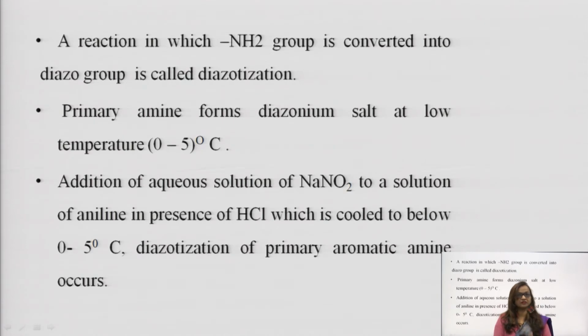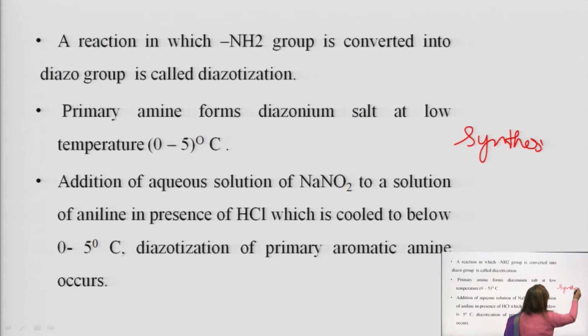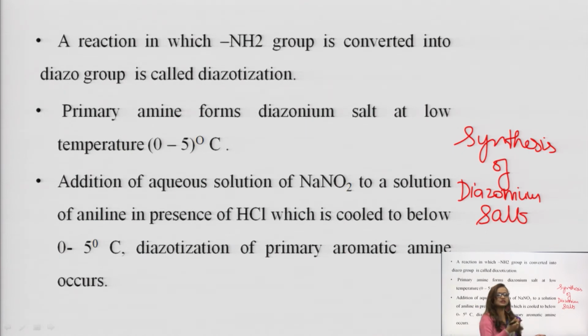We are reading about this arene diazonium salts, right? So diazotization process is important in terms of synthesis, right? Of what synthesis? Synthesis of diazonium salt. Very simple, that in this reaction NH2 is converting into diazo group.